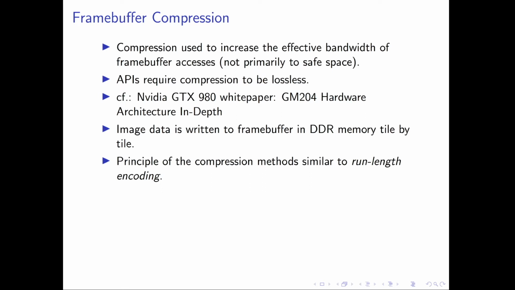Here, making good use of the available bandwidth is a really important issue, and therefore the vendors employ frame buffer compression. The APIs, on the other hand, require this compression to be lossless. So, however the display processor compresses when data is written to the actual screen, the compression needs to be lossless and may not introduce any rounding errors or whatever types of errors it might introduce.